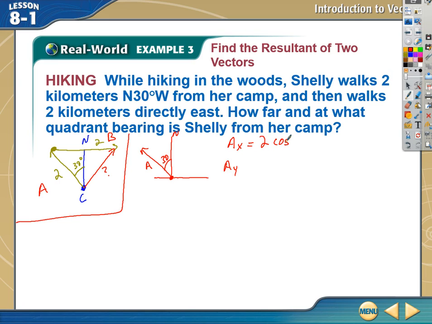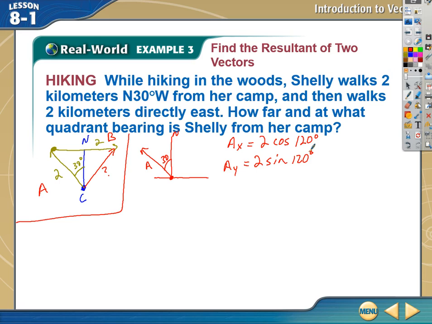Again, from the x-axis to here, so 90 plus 30, 120 degrees. A sub y is going to be 2 times sine of 120 degrees. We already found that out. Great.